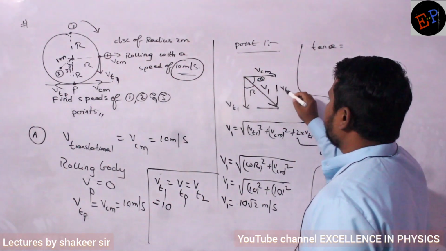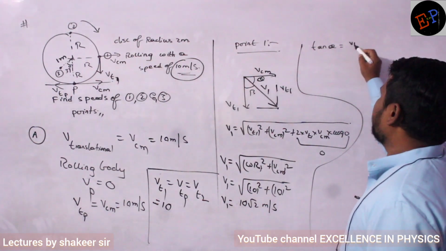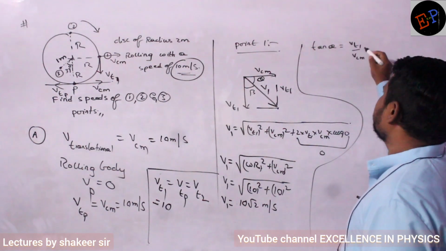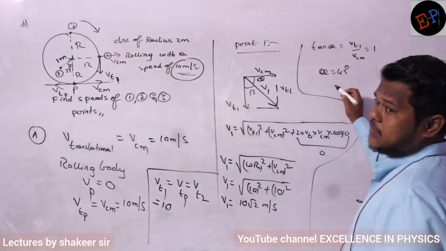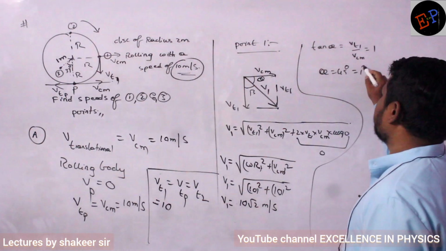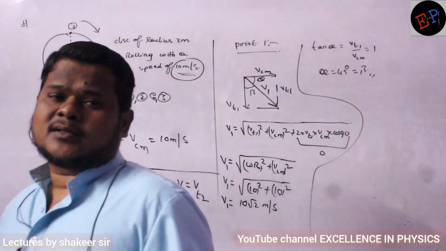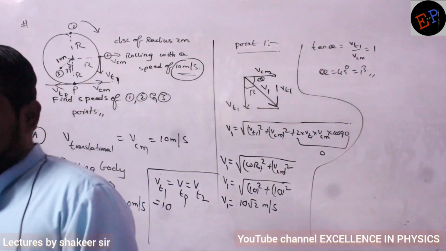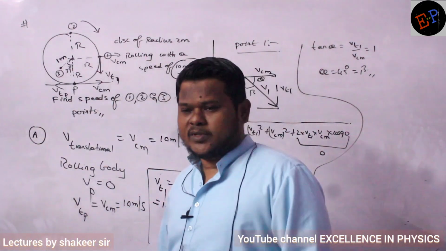Opposite is nothing but Vt1, and this is Vcm. So Vt1 divided by Vcm. Both are same, so I will get 1. Therefore alpha is equal to 45 degrees. If alpha is 45 degrees, beta is also 45 degrees. So you can calculate the angle of resultant velocity also, and these questions can also be asked. Are you able to understand?